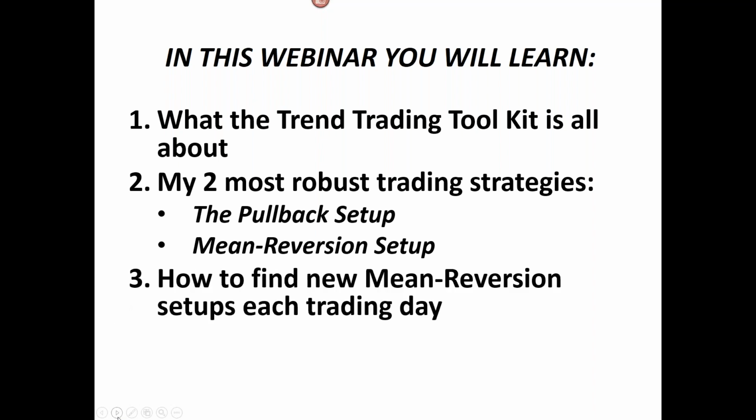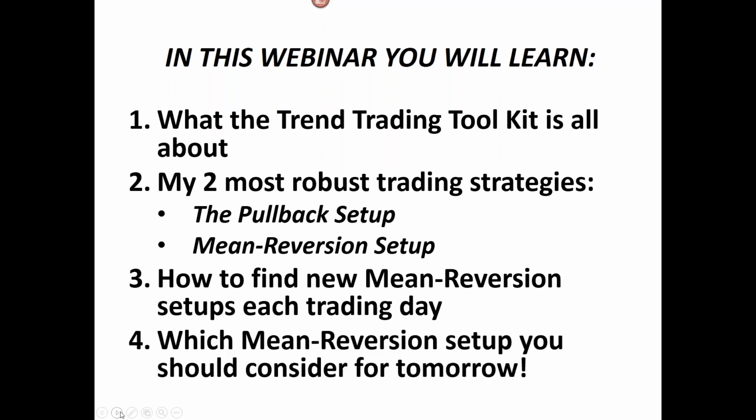And then thirdly, we're going to look at how to find mean reversion setups each trading day using the Trend Trading Toolkit, and then which mean reversion setup you should consider for tomorrow. And I'm delighted because the one that showed up on the scan today is one of my favorite trading stocks. This one is a fast mover.